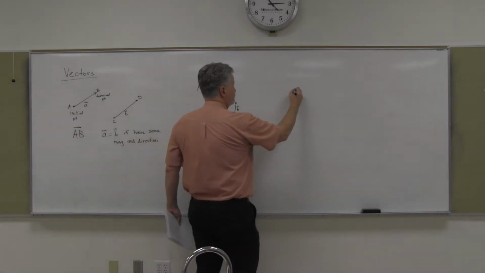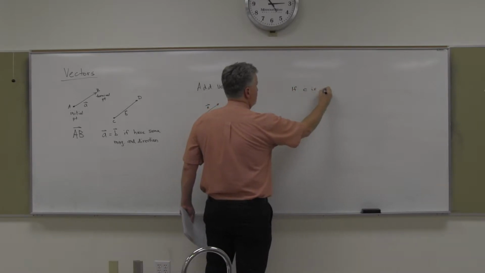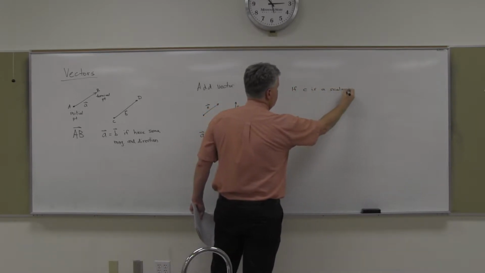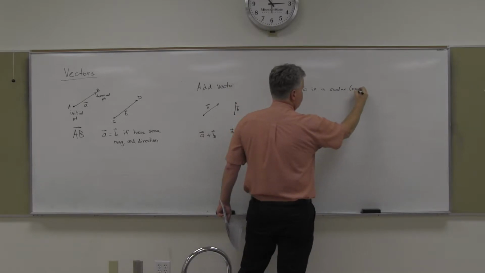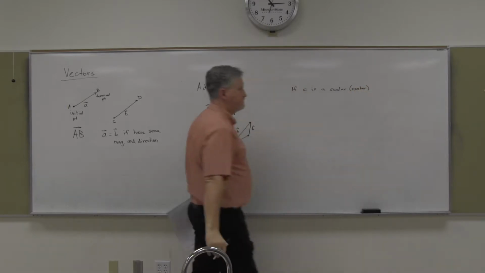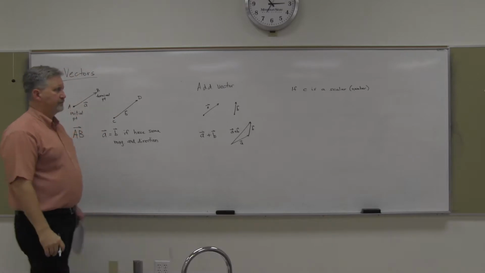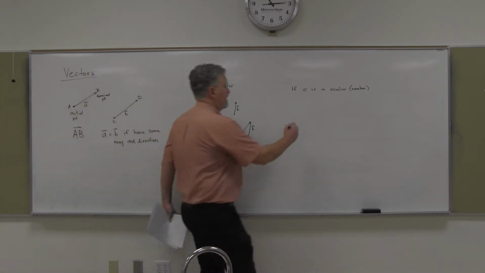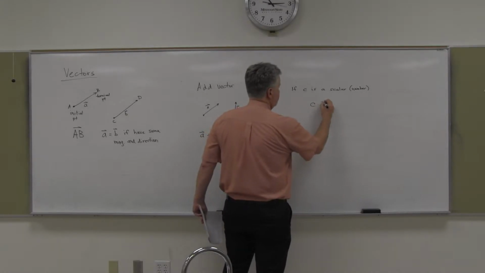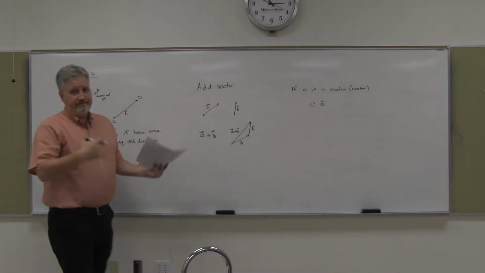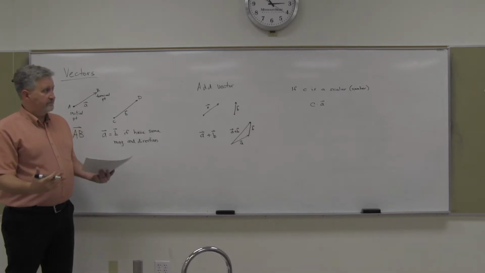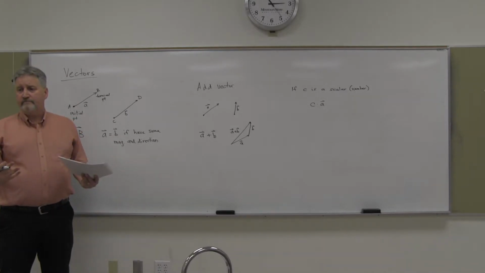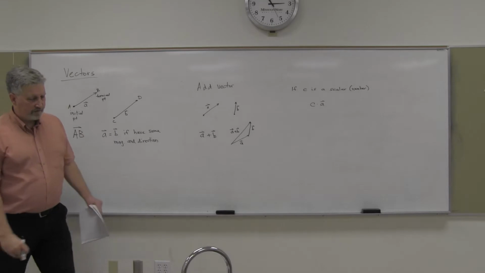Now if we multiply, if c is a scalar, which basically just means a number, we'll talk about multiplying vectors next time. But if c is a scalar and I multiply c times vector A, that just multiplies the vector by that scalar amount.